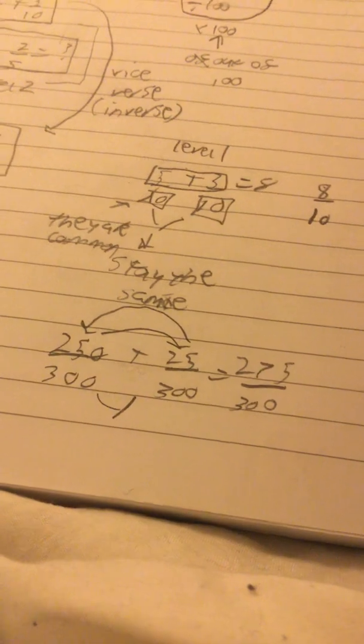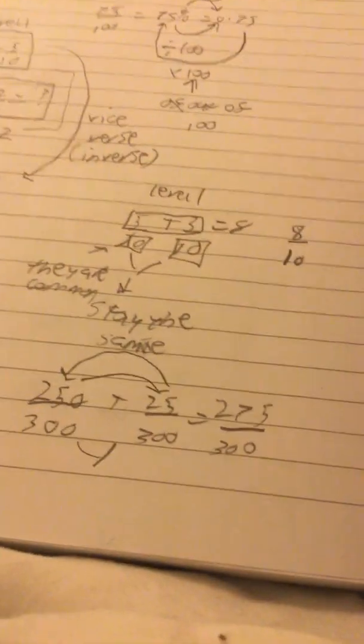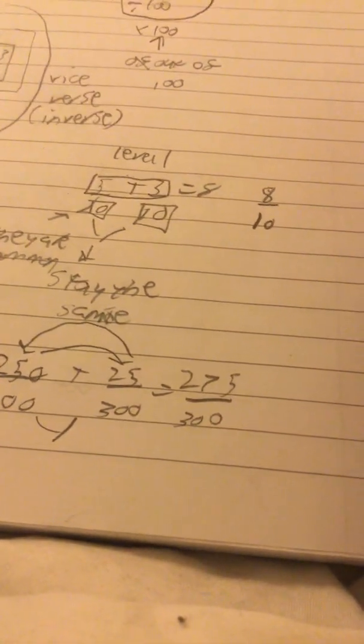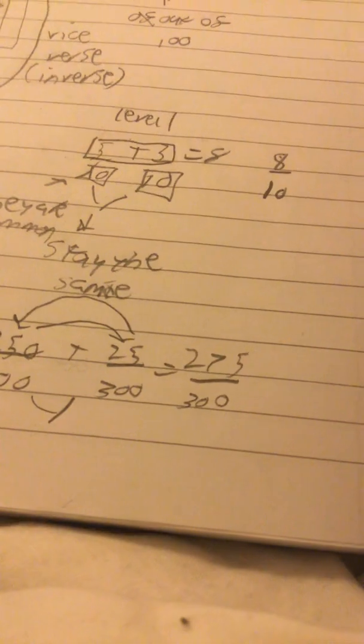First, let's go to level 1, then we will go to level 2. Level 1, pretty self-explanatory. I did an example of 5/10 plus 3/10. Of course, you can tell this is pre-recorded.